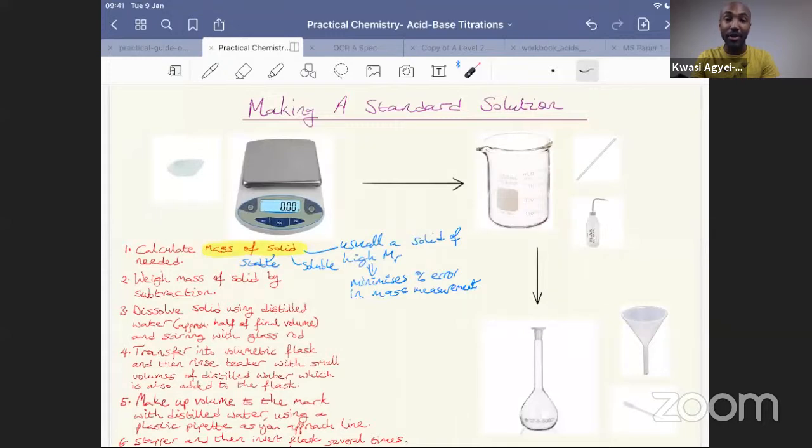Okay, so once you've done that, you then need to transfer your solid that you've just weighed into a beaker. Okay, so you're going to pour the solid into the beaker, and it is very important once you've done that, you re-weigh the empty weighing boat so that we know exactly how much of that solid has ended up in the beaker.